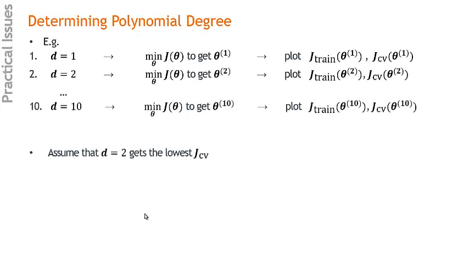So just to recap that process, for d equals 1, you minimize J on the training set, and that will give you your theta 1 parameters. You'll have a J train, that is the J for the entire training set, and you'll have a J cross-validation, which is the average of 4 cost functions.